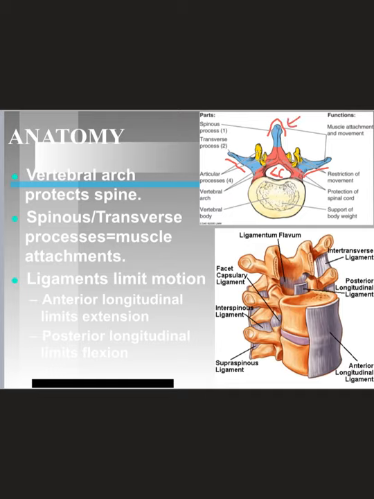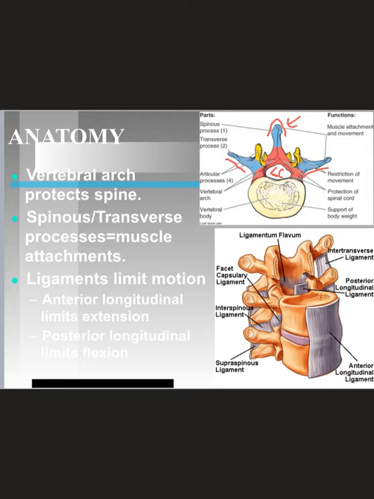I think it's important to understand here that your transverse process and your spinous process are huge sites for muscular attachments. The muscles are most often responsible for spinal extension, rotation, and spinal flexion, right?